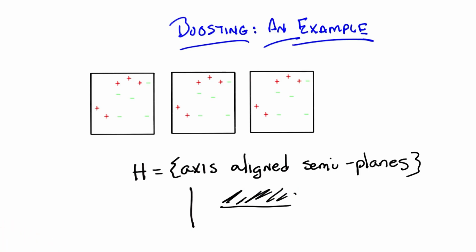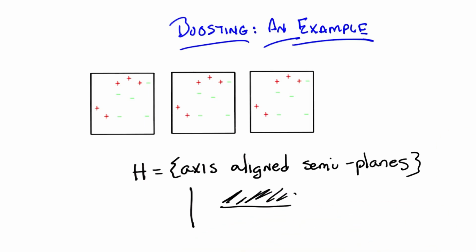Okay. So I'm going to walk through what boosting might do with this particular example, given that you have a learner that always chooses between axis-aligned semiplanes. So let's imagine we ran our boosting algorithm.